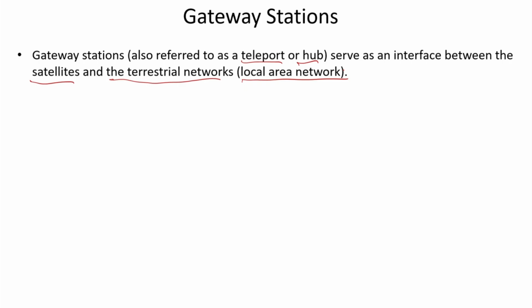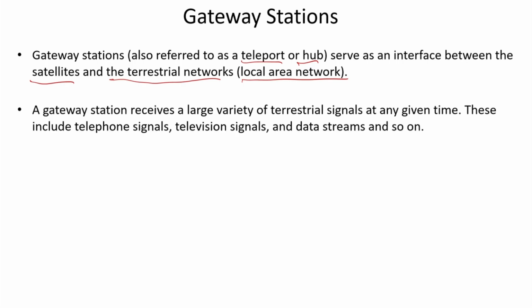There can be a network connected by a wired link or a wireless link, and then this gateway station receives a large variety of terrestrial signals at any given time from all those terrestrial terminals.